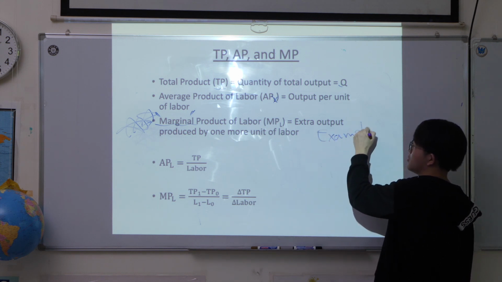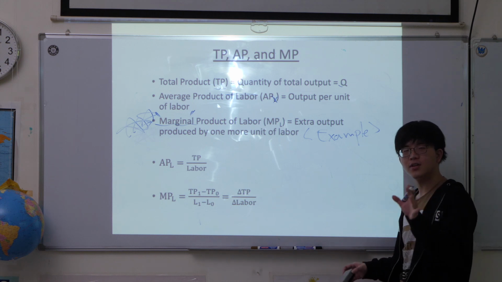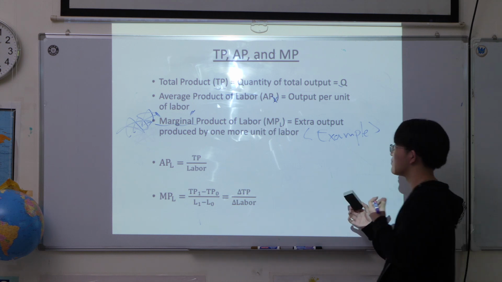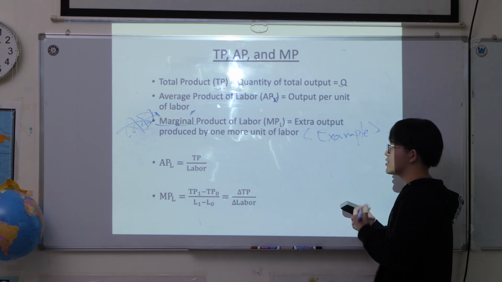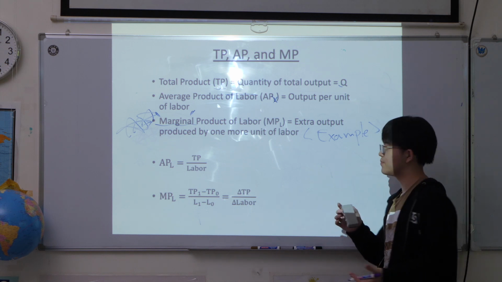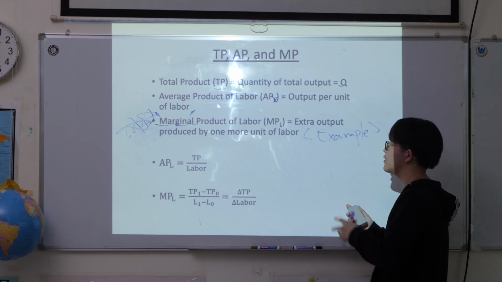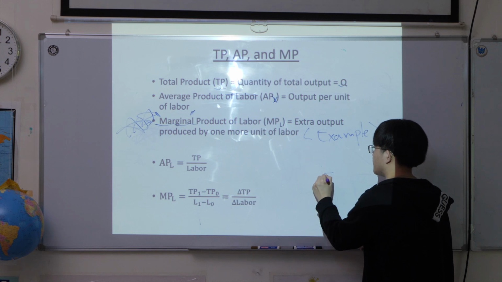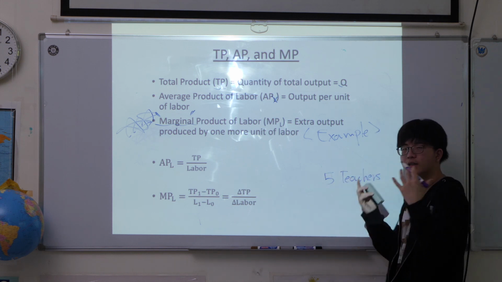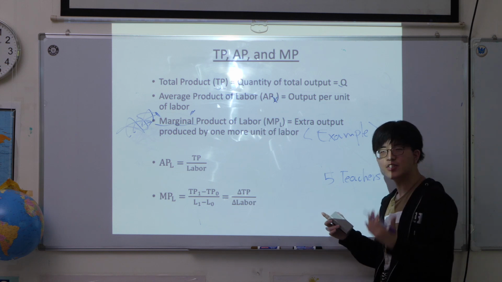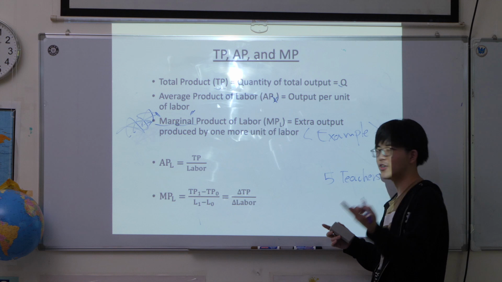As an example, I will introduce our school's teachers. For example, our teachers can teach 10 students. We now have 5 teachers in our school, and with 5 teachers, they can teach 200 students.